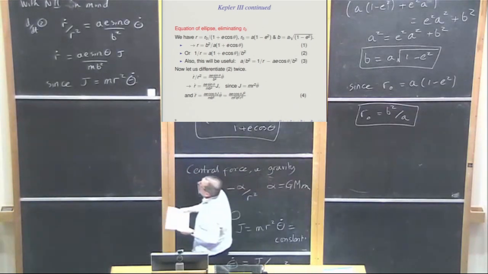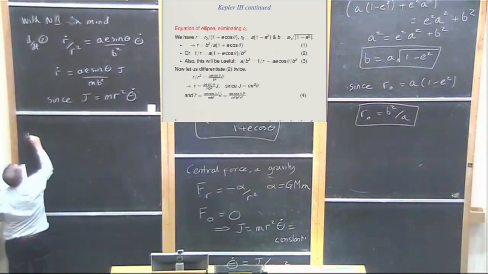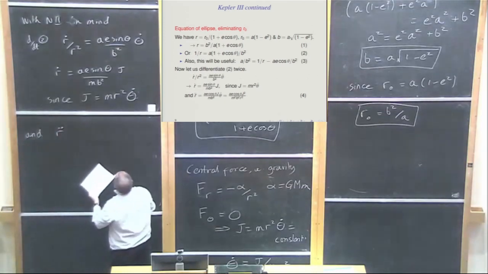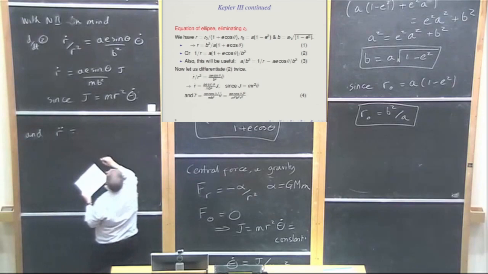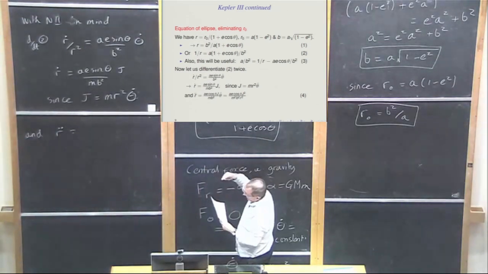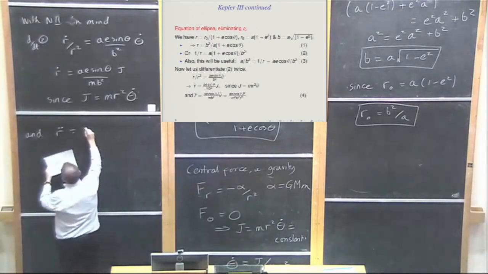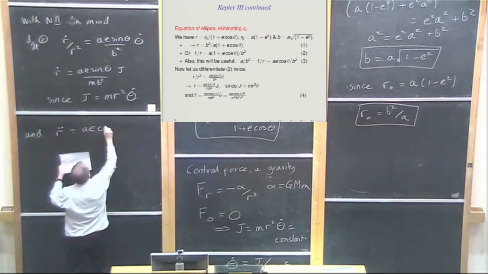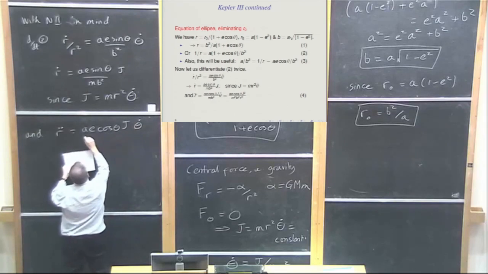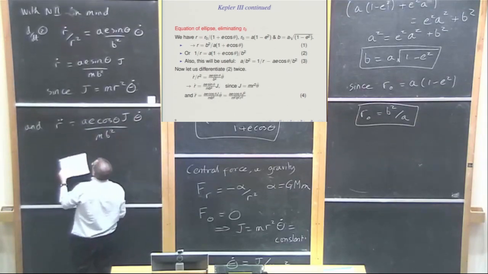Well, we're after r double dot, so let's do that all again. But this is going to be easy now, so I'm just going to get a e cosine theta theta dot, and I'm going to substitute for theta dot again. So it's a e cosine theta j over m b squared.